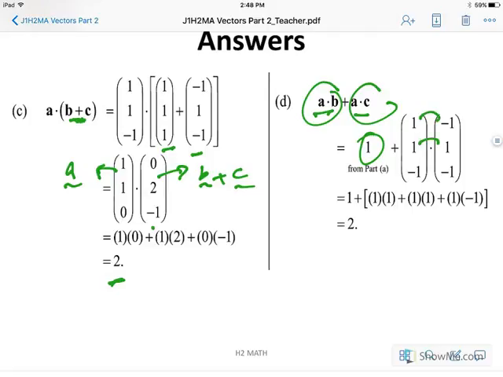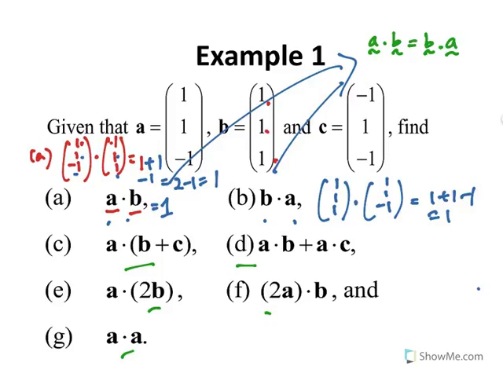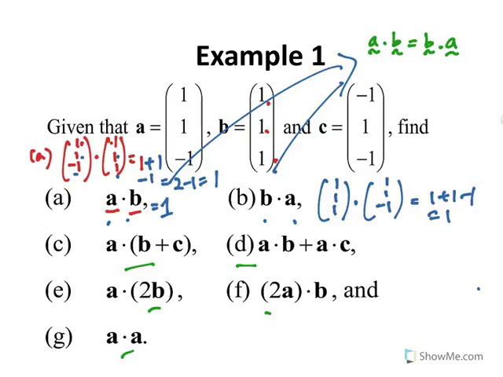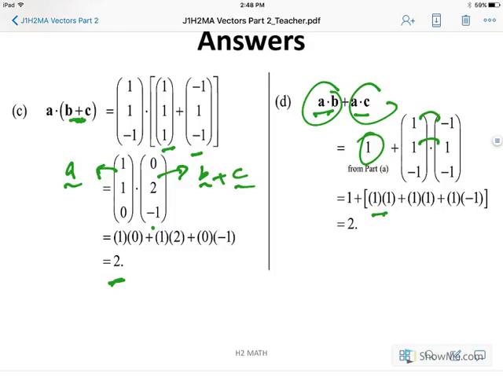We combine this with a dot c, which is 1. There is a presentation error here; it should be negative 1. So the answer will be 2.